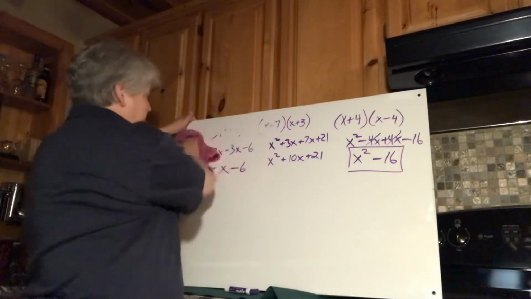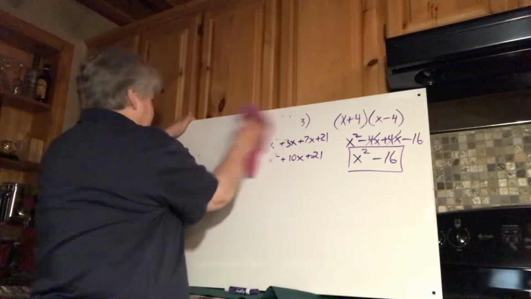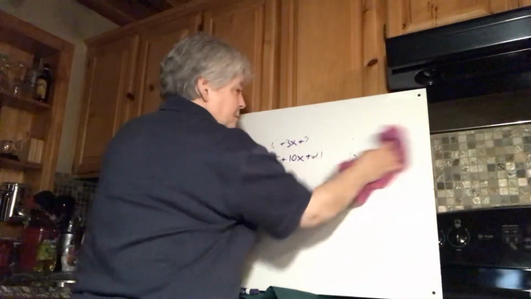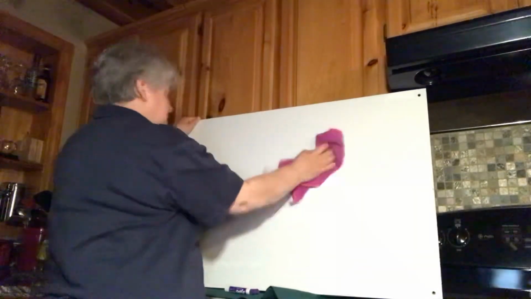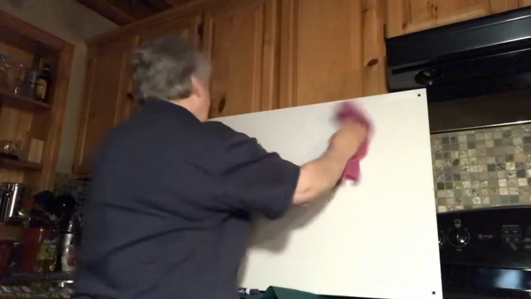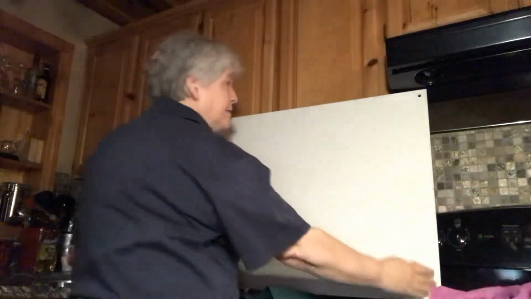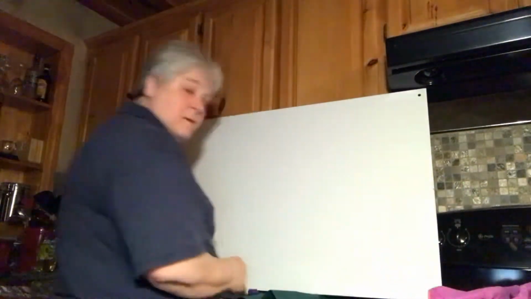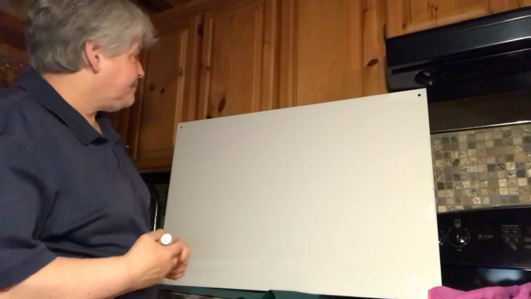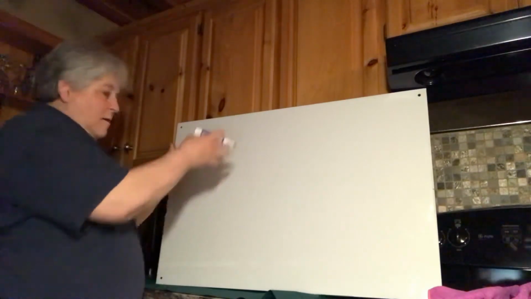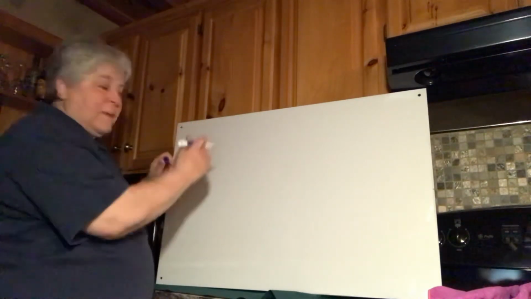I'm going to get rid of this. One of these days I'll mount these boards on a wall so I don't have to hold them up while I erase. Okay, so now let's take the result and see if we can work backwards.